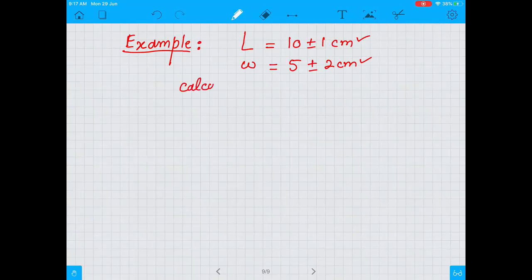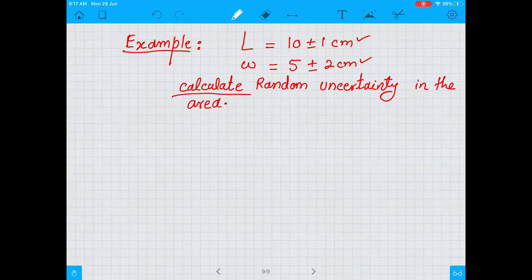Calculate random uncertainty in the area.